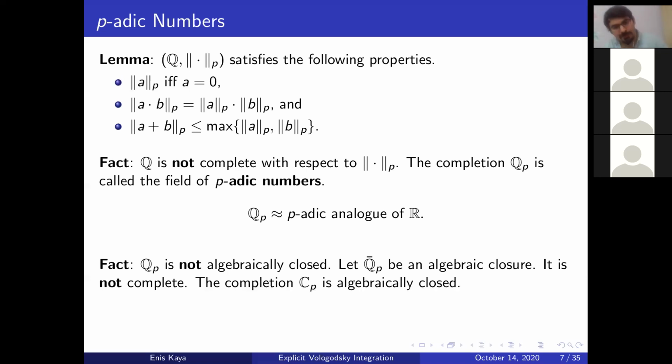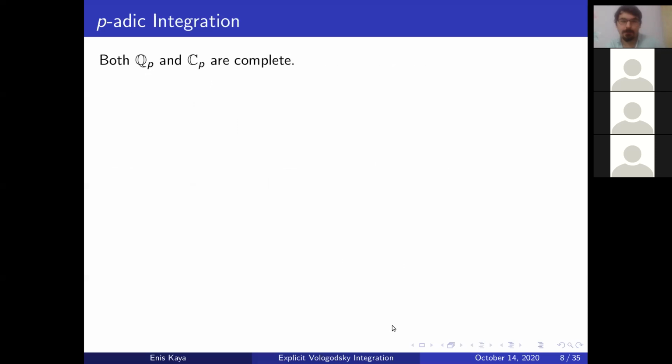Okay, we can complete it. The completion, denoted by C_p, is algebraically closed. And this C_p is just the p-adic analog of the field of complex numbers. And C_p is complete and algebraically closed, like C.